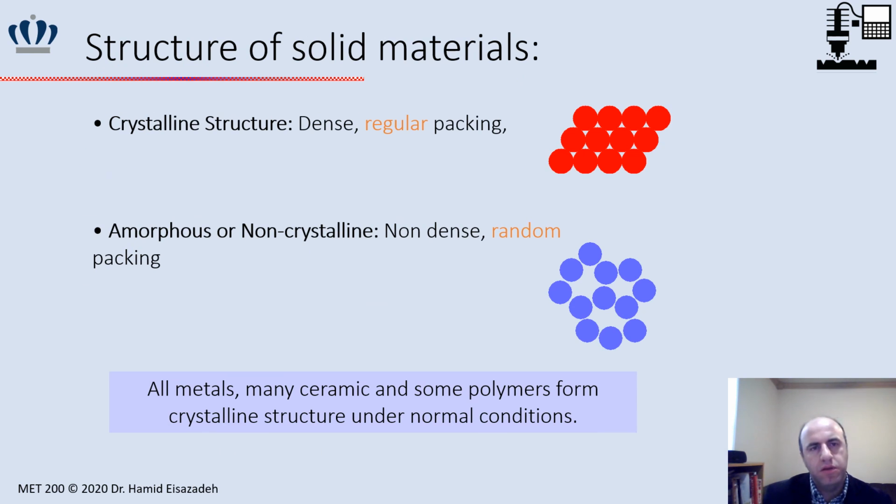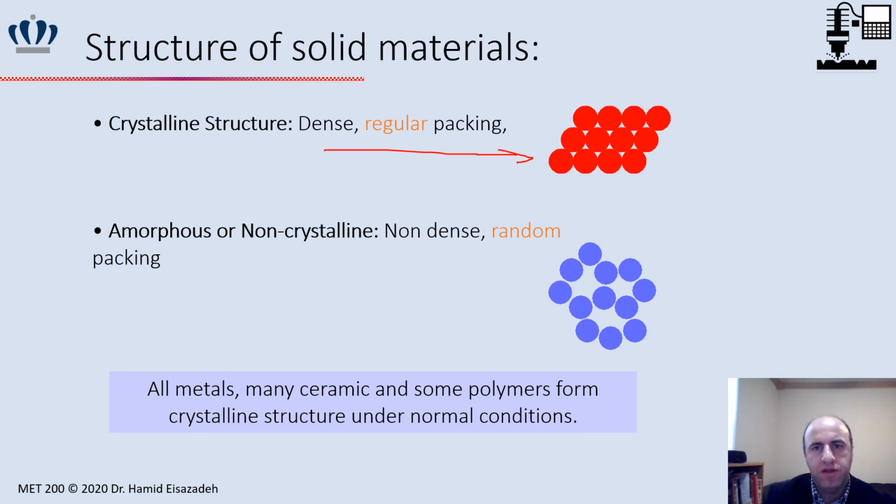Here we describe the structure of solid material. When material solidifies from the molten state, they tend to pack tightly. In many cases, they pack themselves into an orderly structure. For example, like this one, as you see, we have a dense and regular packing, and then in some cases they are random.